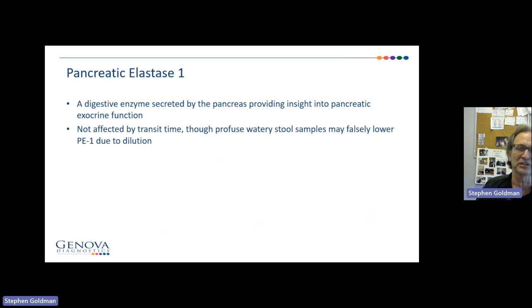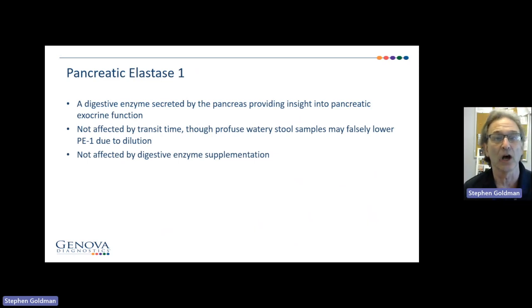If you have a patient that has a slow or fast transit time, it will not impact the level of pancreatic elastase 1 measured, and neither will digestive enzyme supplementation. So if you have a pancreatic elastase 1 that's low, and then you give digestive enzymes and you retest, and the pancreatic elastase 1 is still low, that's not a failing of the digestive enzyme clinically.